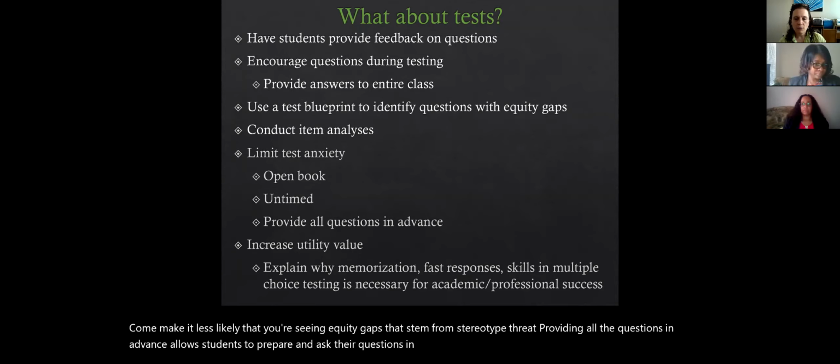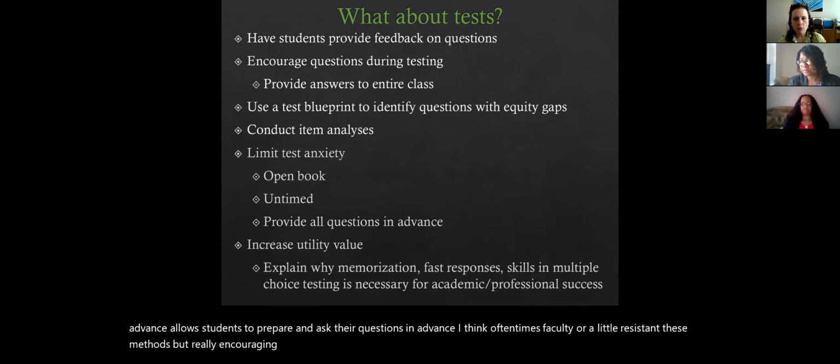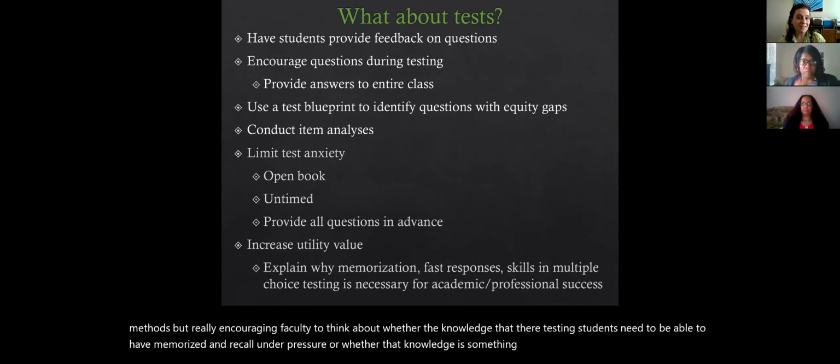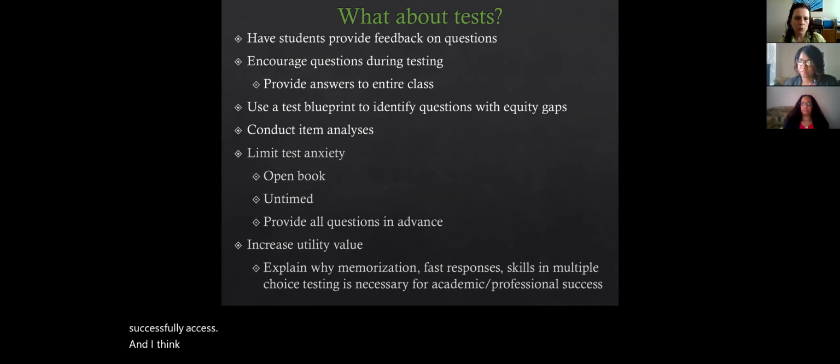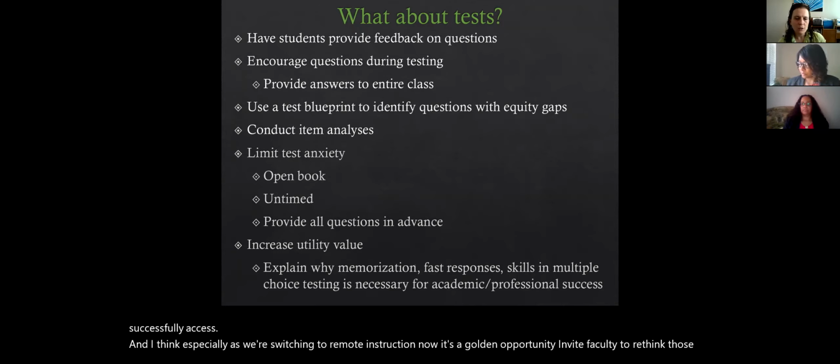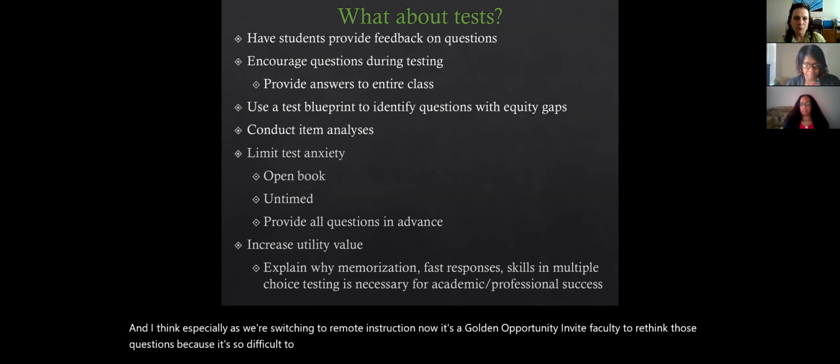Oftentimes faculty are a little resistant to these methods, but really encourage faculty to think about whether the knowledge they're testing is something students need to have memorized and recall under pressure, or something the students need to be able to successfully access. Especially as we're switching to remote instruction now, it's a golden opportunity to invite faculty to rethink those questions, because it's so difficult to give a timed test that's not open book in a remote setting.